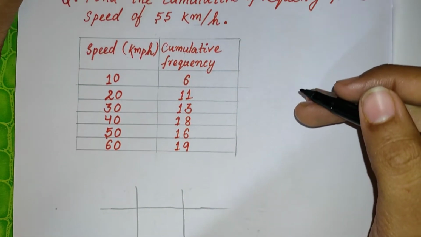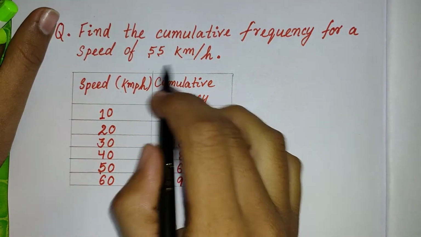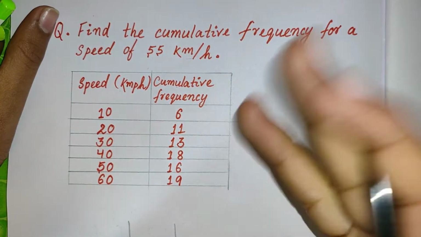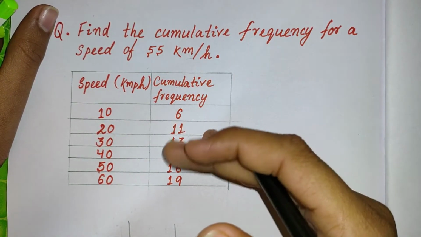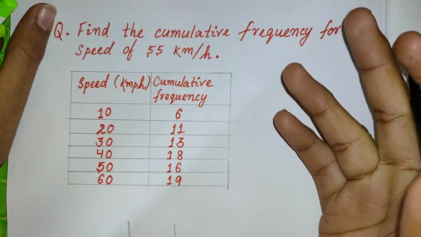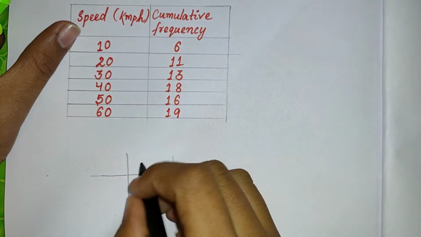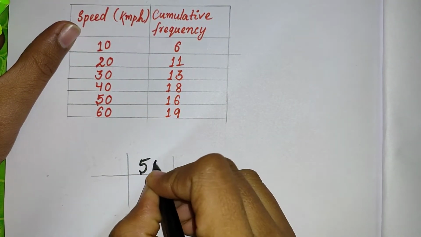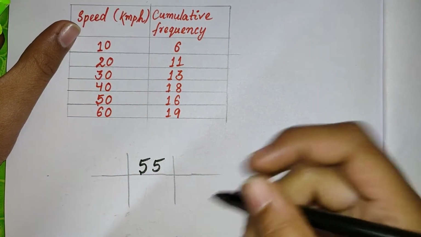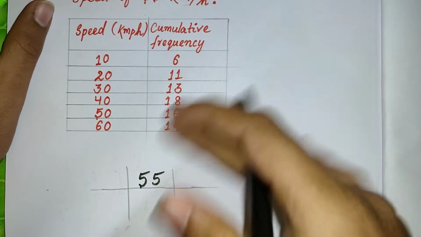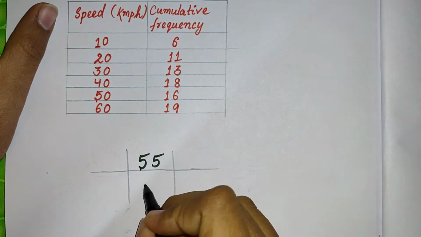As you can see here, 55 is given in the question, and for that you have to find the value. So put 55 here, and for that what you have to find is the cumulative frequency. For that I put k here.